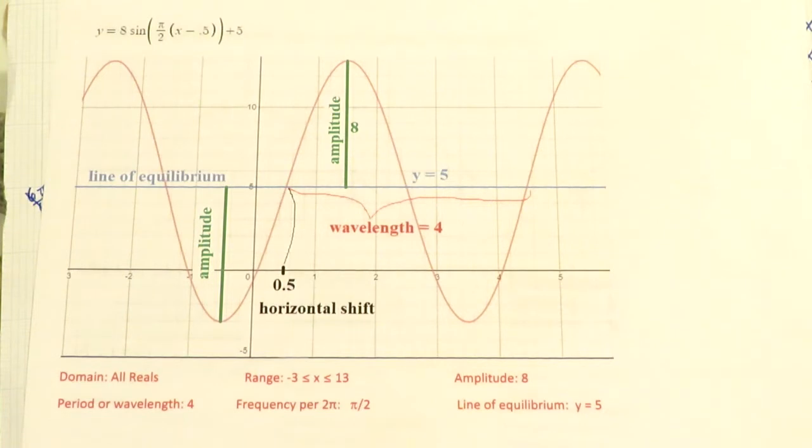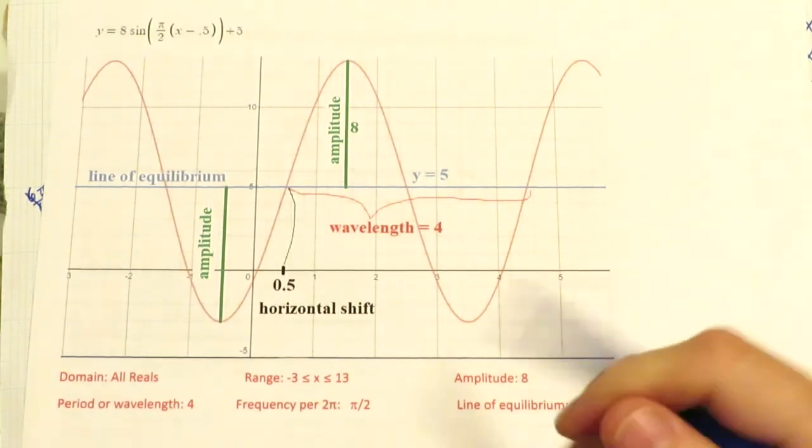Now the pi over 2 tells you the frequency per 2 pi. So whatever number in your sine or cosine wave that's multiplying the x, that is your frequency per 2 pi. So we're getting pi over 2, or about 1.57 waves in every rotation around the unit circle.